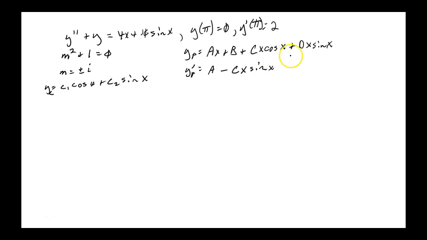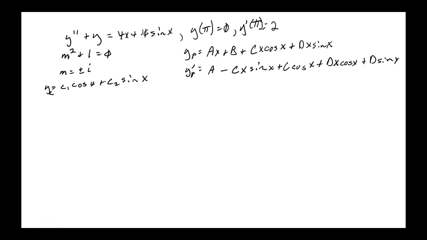The other half of that one, plus c cosine x. That's an ugly cosine. Let me write it again. Okay, cosine x. Next, plus d x cosine x plus d sine x. Okay.